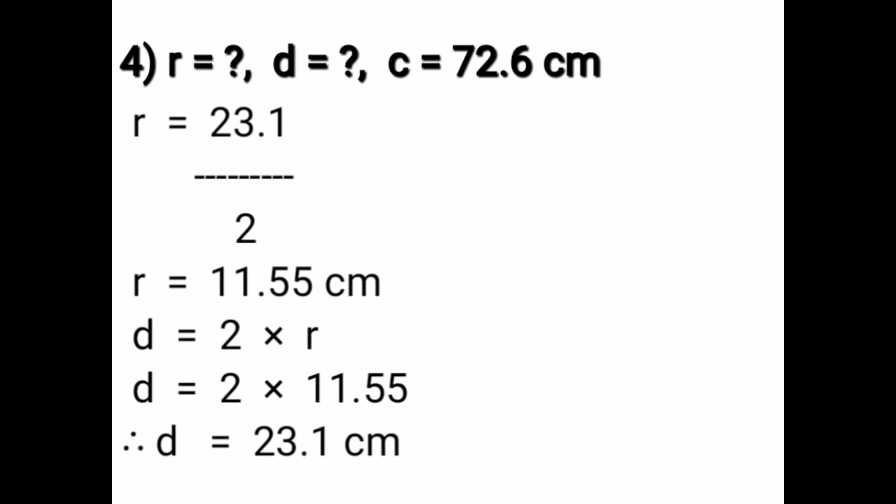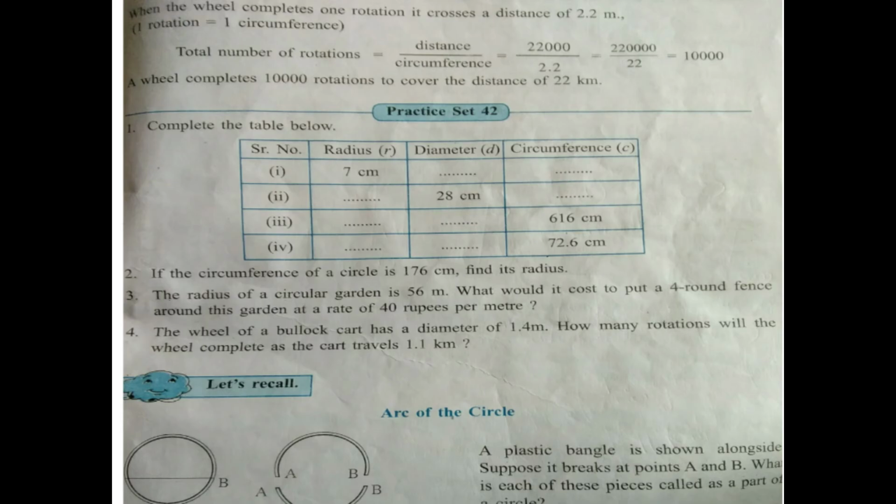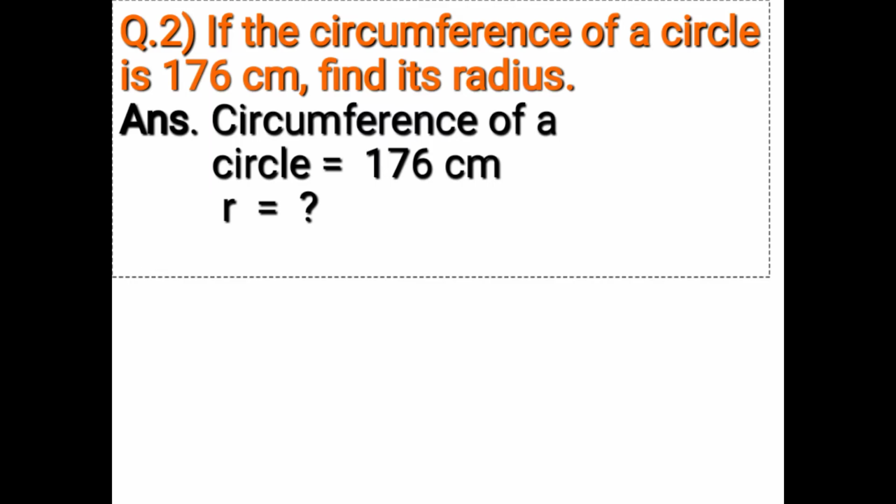Now I'll do question number 2. One sum I will do; the third and fourth questions I will do later on. If the circumference of a circle is 176 centimeter, find its radius. The circumference is already given. Find the radius.